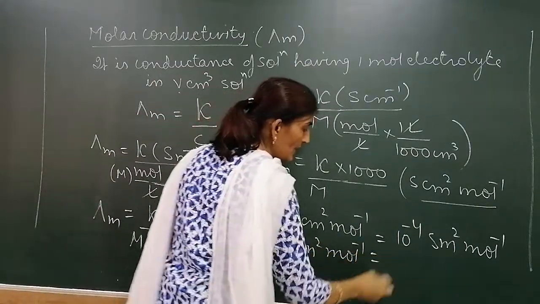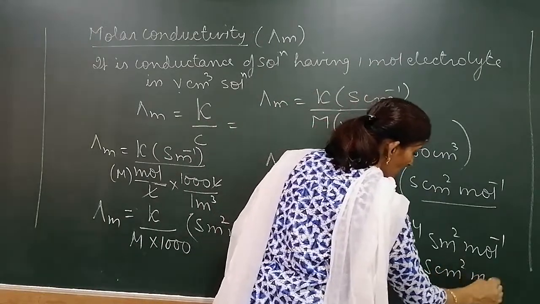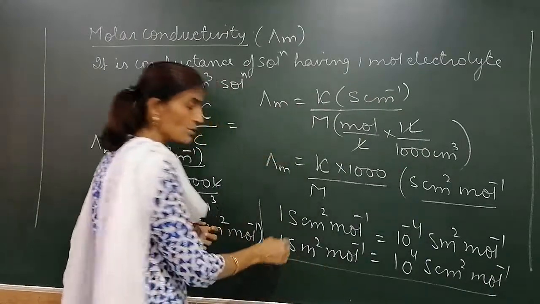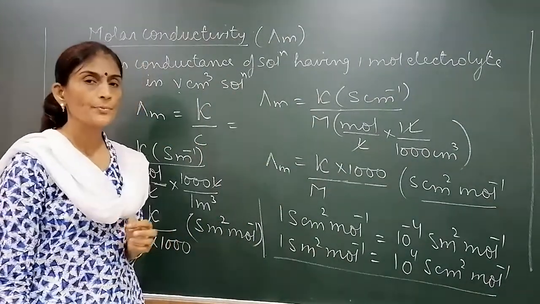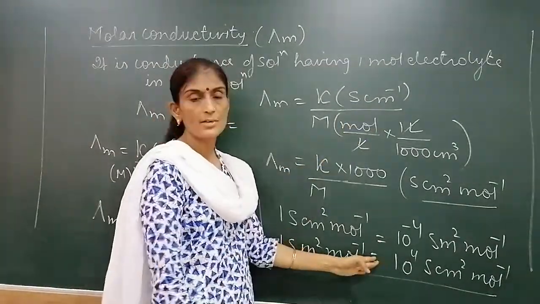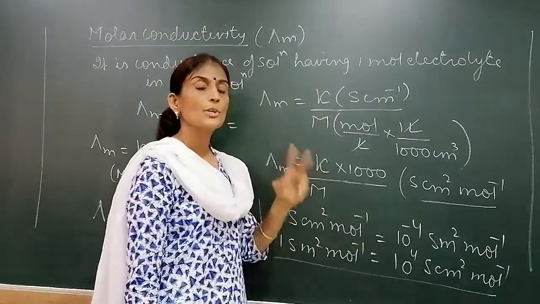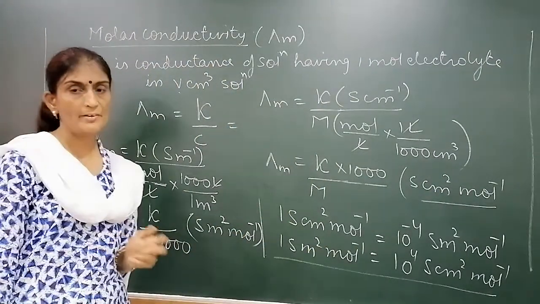How to convert it into centimeter square? 10 to the power 4 Siemens centimeter square per mole. These are also the conversion factors. Remember any one formula and at last you can convert. Suppose we use the centimeter formula and the answer is needed in meters, then use this conversion factor. So there are two formulas for calculating molar conductivity.